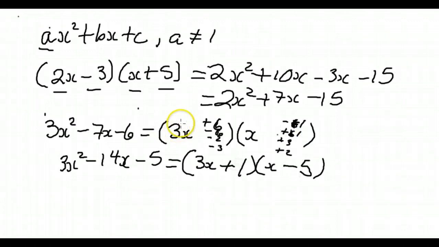Then I would get 3x squared, that's my leading term, we know that. I would have a plus or minus 3x with a plus or minus 6. Can I combine a 3 and a 6 to get a 7? No. If I add 3 and 6, I'll get 9, and if I subtract 3 and 6, I will get 3.